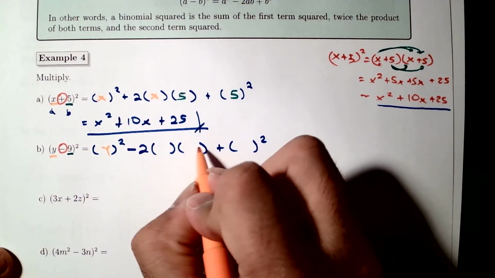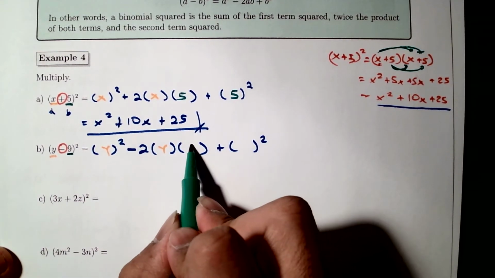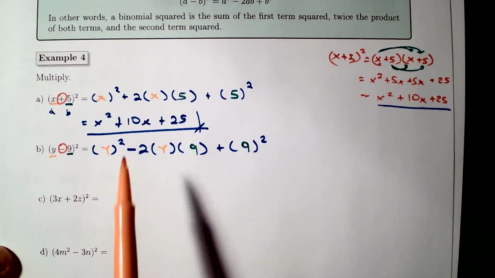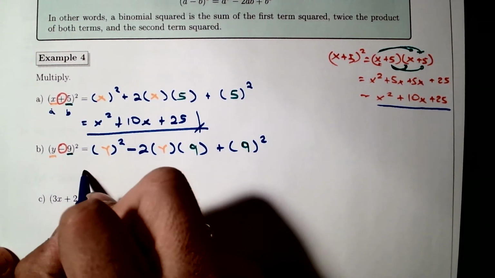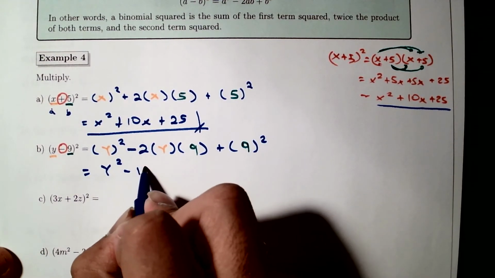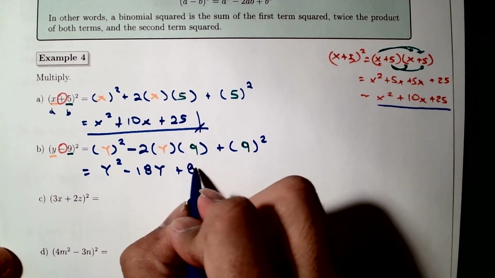So y and 9. Okay, so all we do is square the y, that's y squared, minus 18y and plus 81.